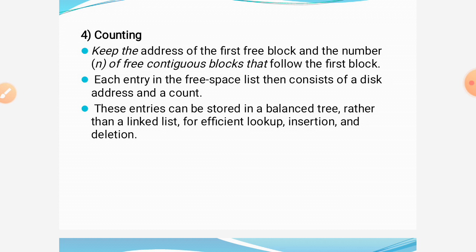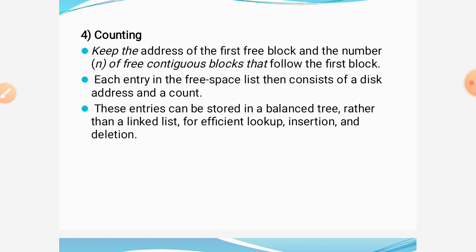But in the case of counting, rather than keeping a list of n free disk addresses, we can keep the address of the first free block and the number of free contiguous blocks. So the first free block holds the pointer to the next free block, then the count of consecutive free blocks, for example 2, then the next one, 5. Only these values need to be saved.